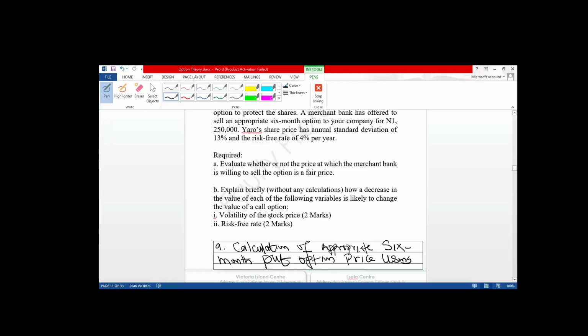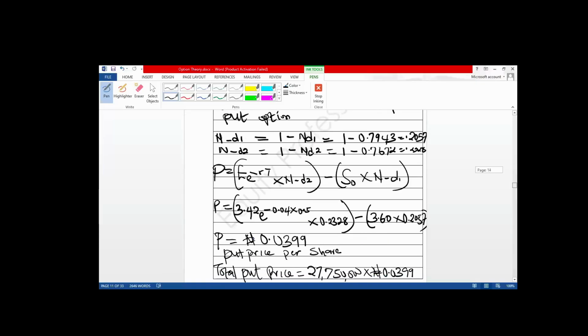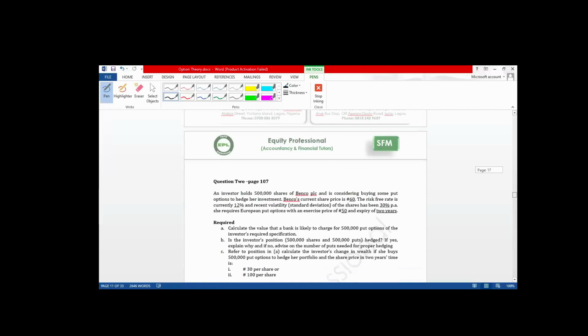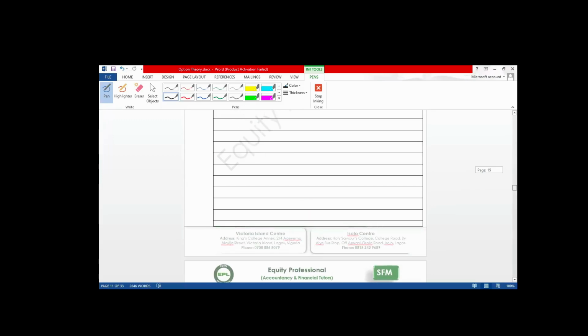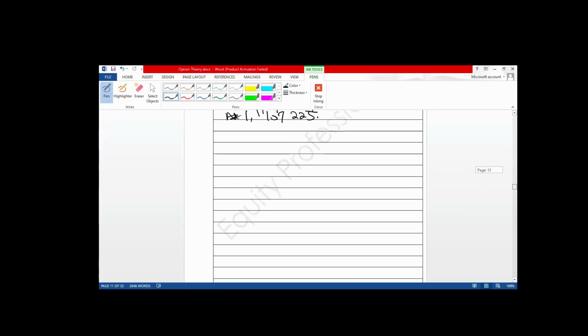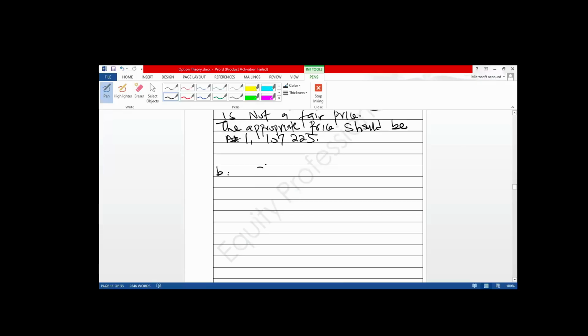This is Vega: change in call option value over change in volatility.